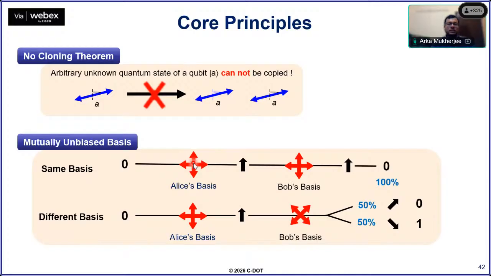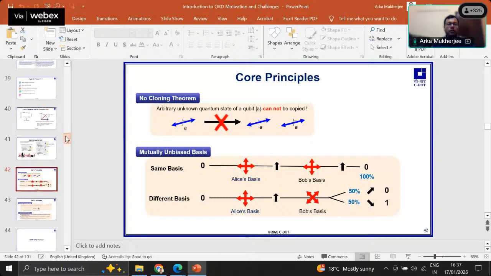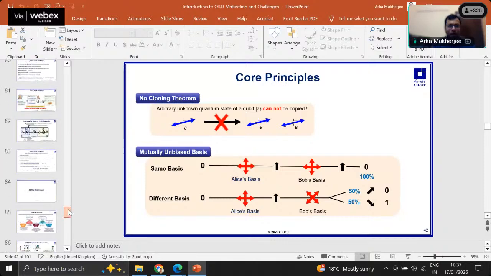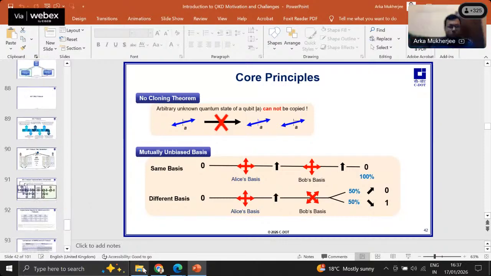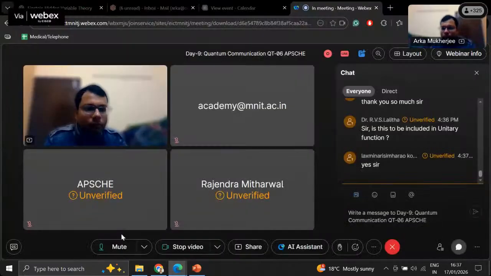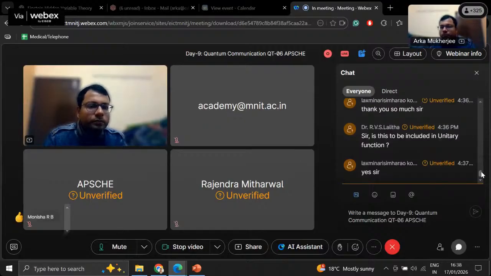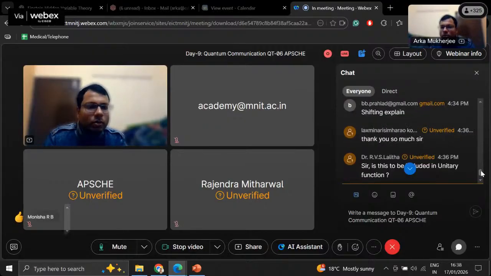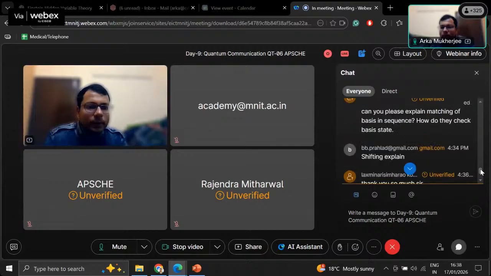But a state generated in one basis cannot be perfectly decoded in another basis, so there is a 50% probability of it being detected as diagonal or anti-diagonal. I think it should be clear now.